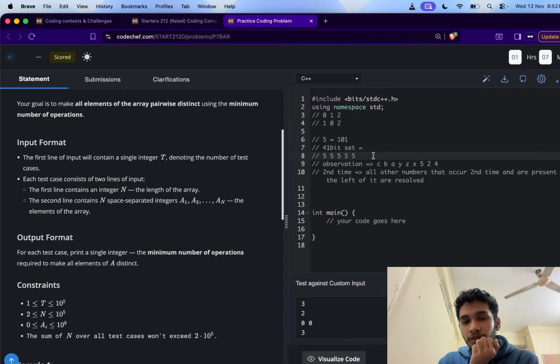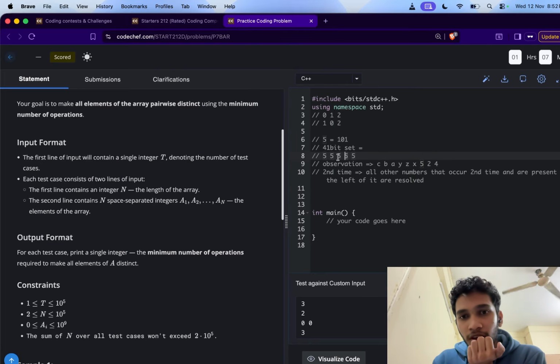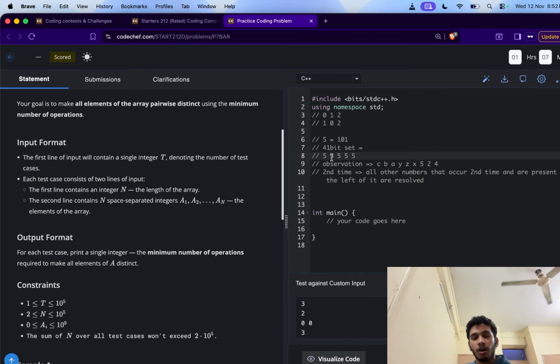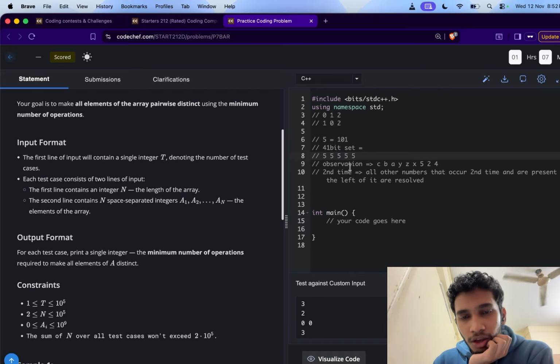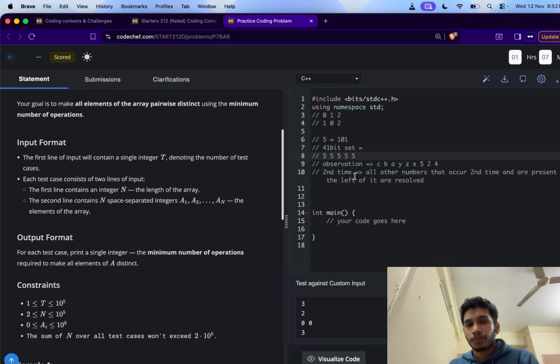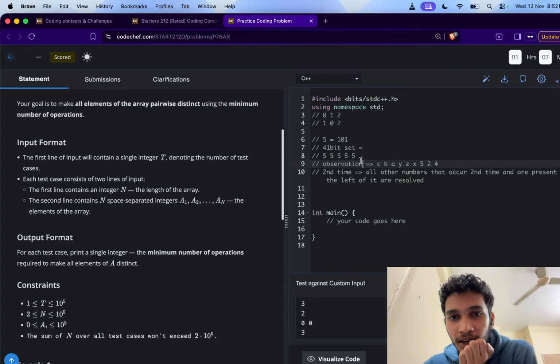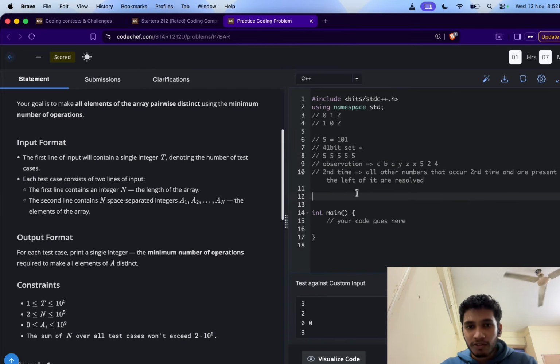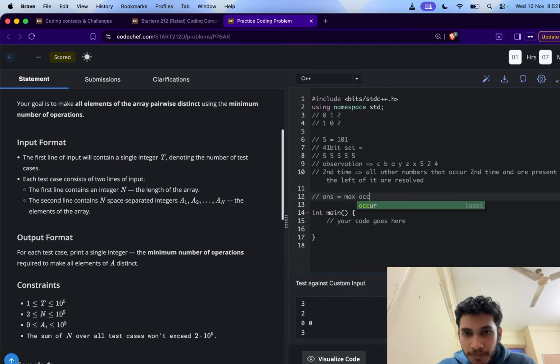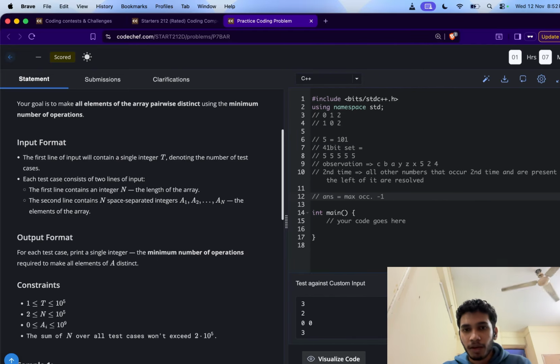Using this algorithm, we converted the second 5 first, then the third 5, then the fourth 5, then the fifth 5. So the number of operations required was equal to its occurrence minus 1. Am I correct? So our answer should be equal to the maximum occurrence of any particular number minus 1.